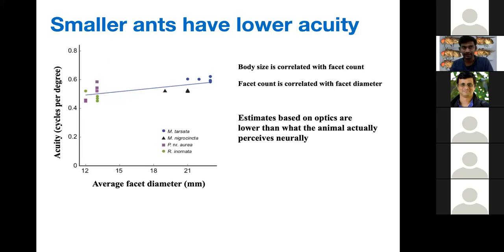I haven't really seen a directly opposite thing. So the way we did it is using Land. Land has a formula for calculating spatial resolution, and there's also a formula for calculating sensitivity as well.